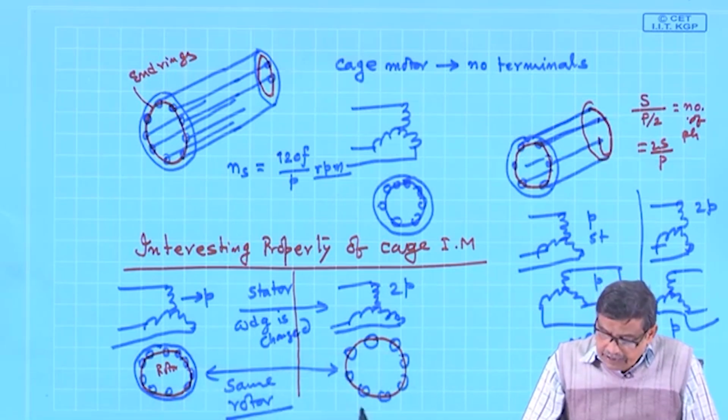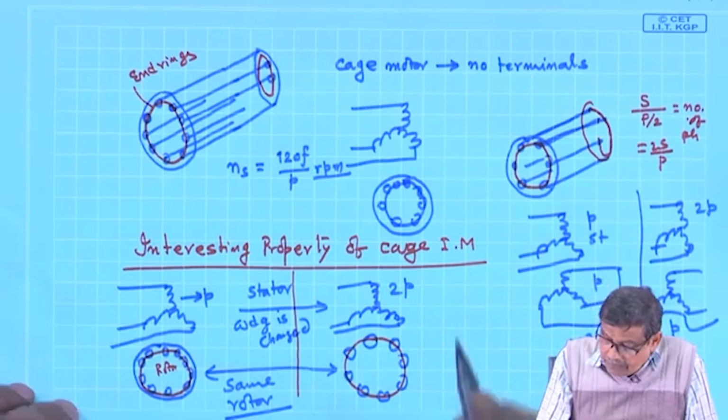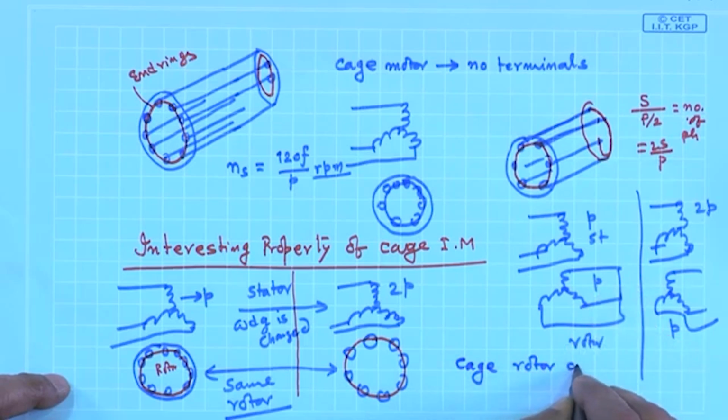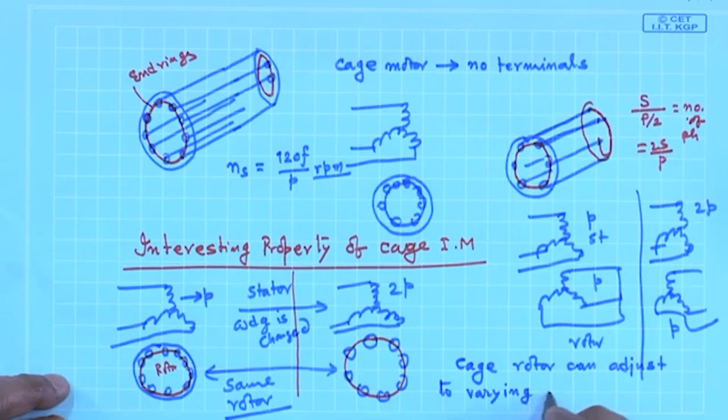People say the cage rotor can adjust to varying number of stator poles on its own.